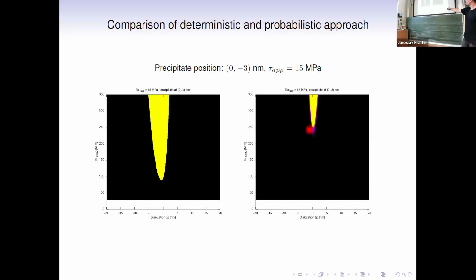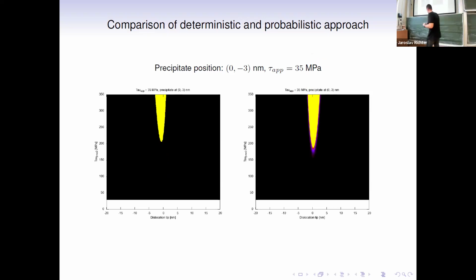And here you can see the violet one, the purple one, and this is a very thin zone in which the probabilistic cross-slip happens. Actually, the probabilistic cross-slip happens in all of this yellow zone and this violet zone. So we can see for some configurations it is almost overlapping, sometimes not.